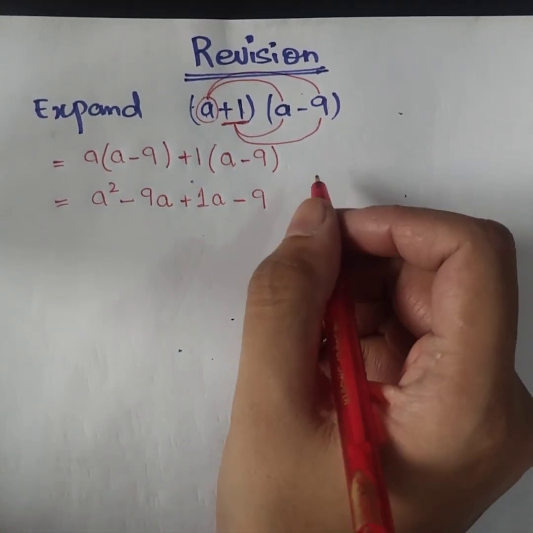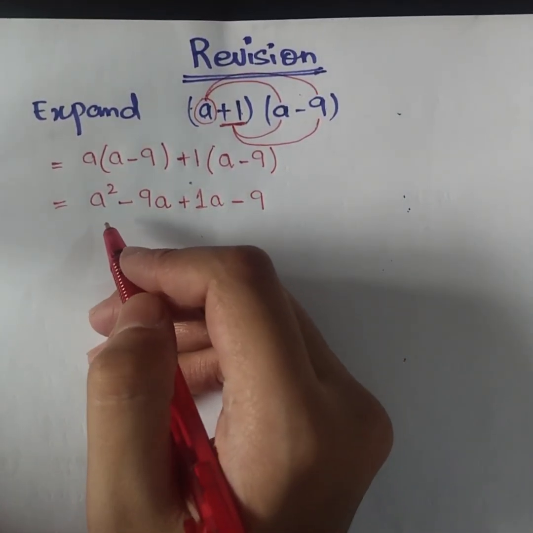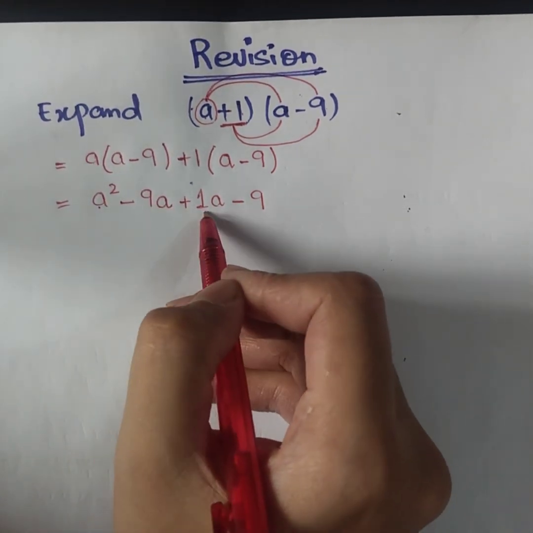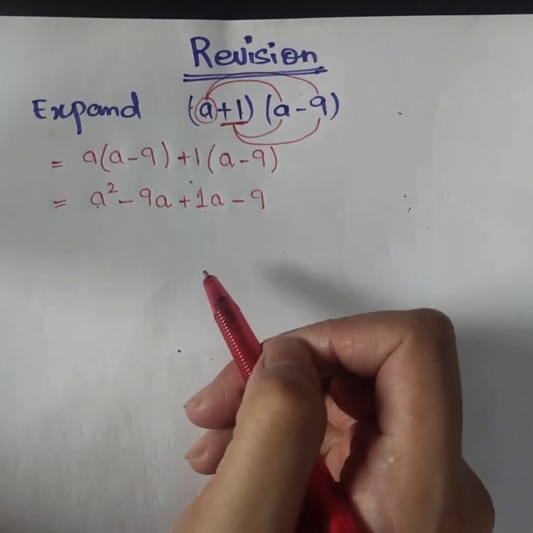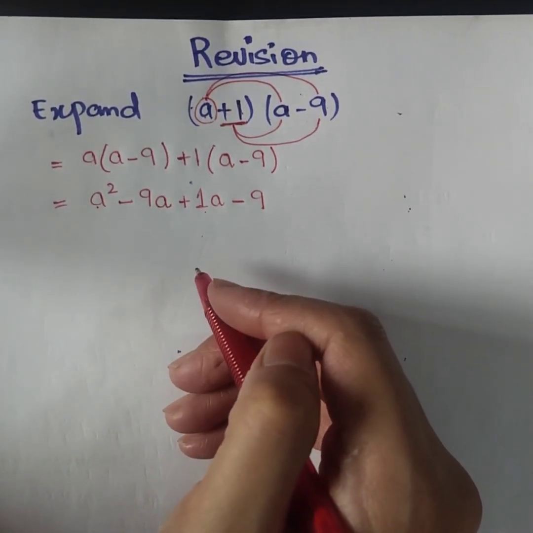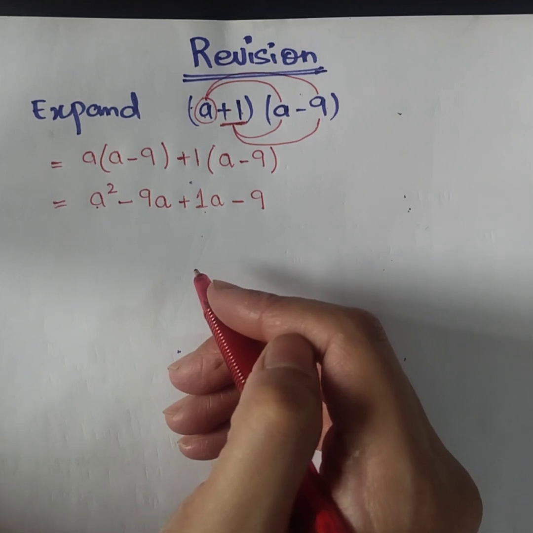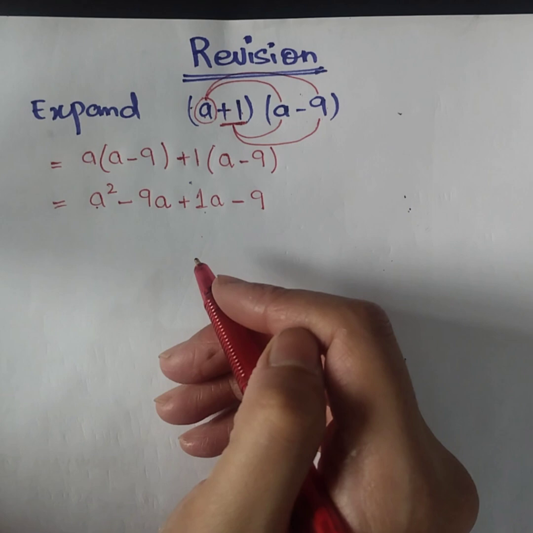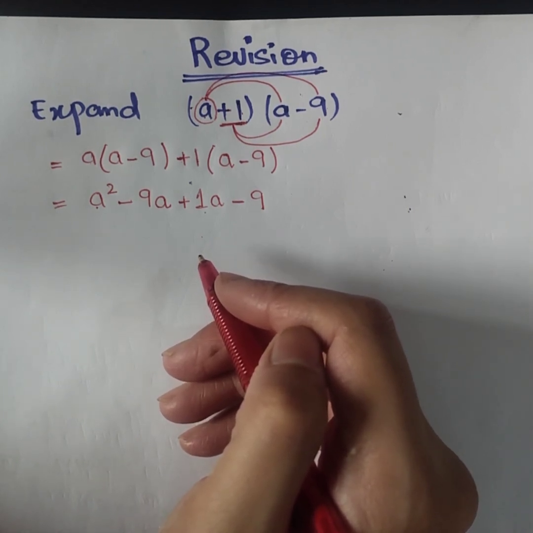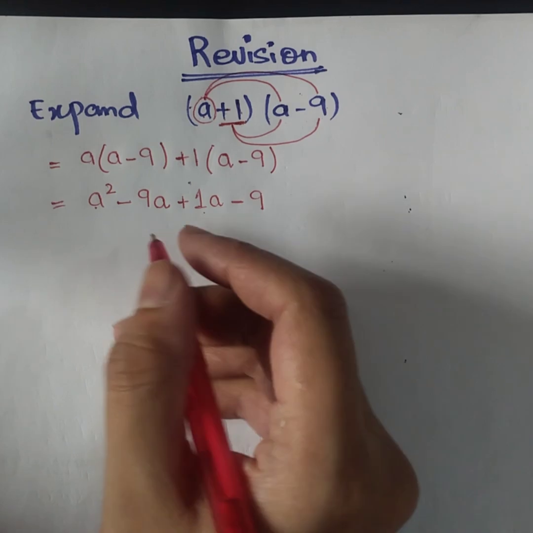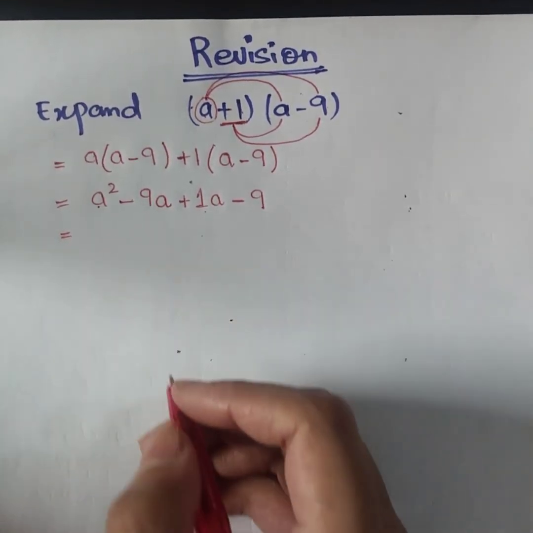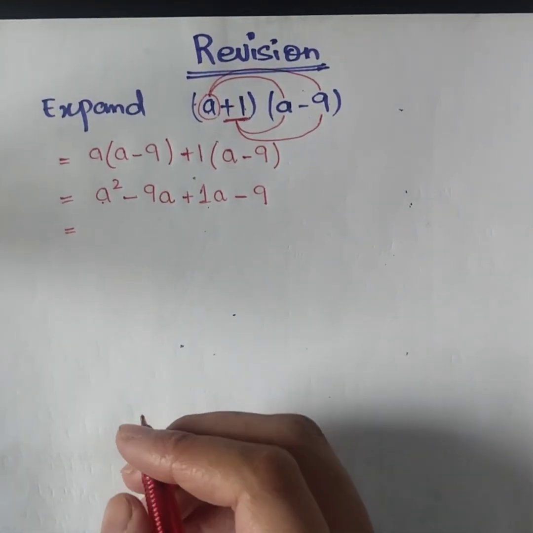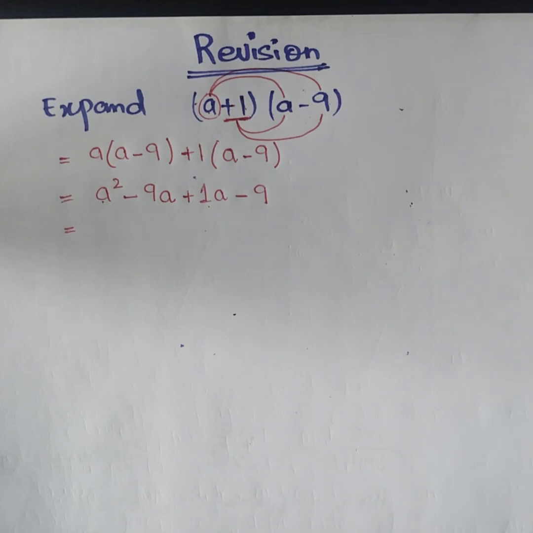Okay, now count how many terms we can see: 1, 2, 3 and 4 terms in our expression. This is what I said at the start, that when you multiply two terms with two terms, you will get 4 terms.